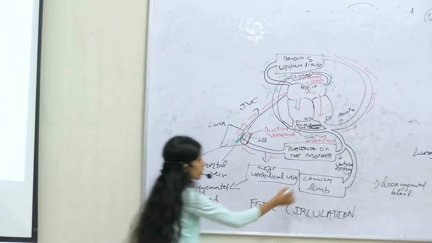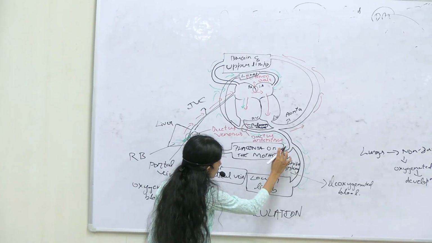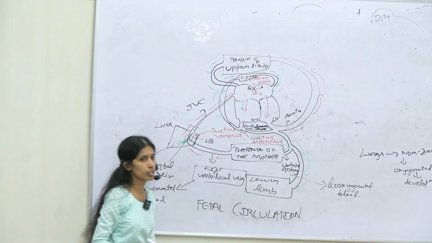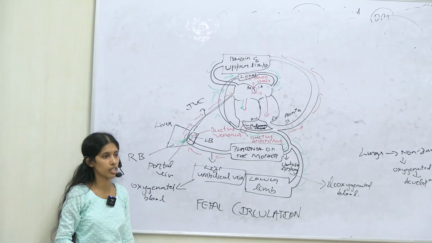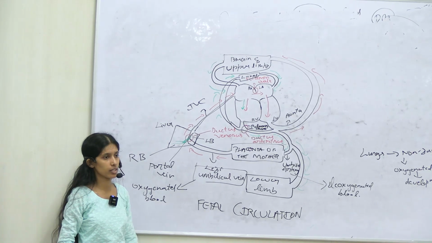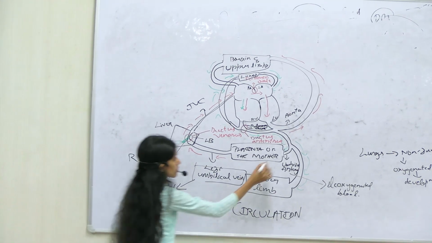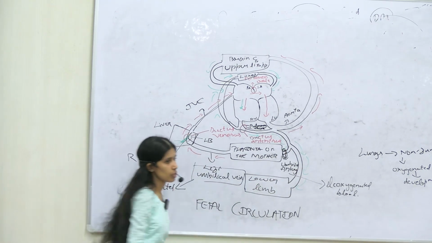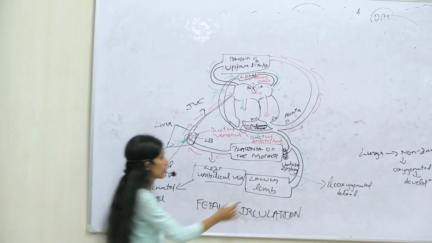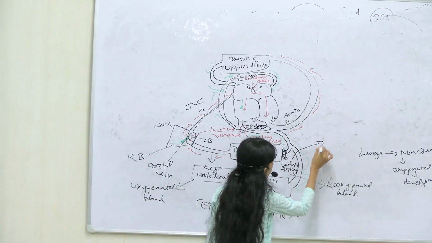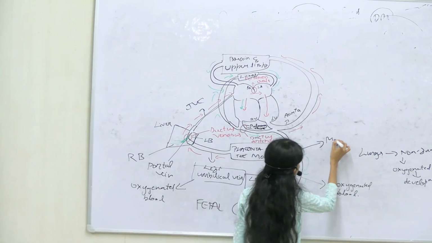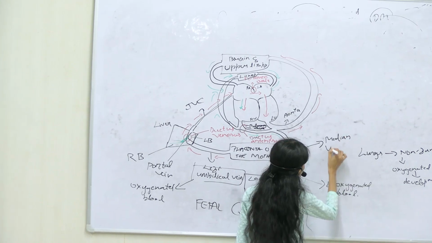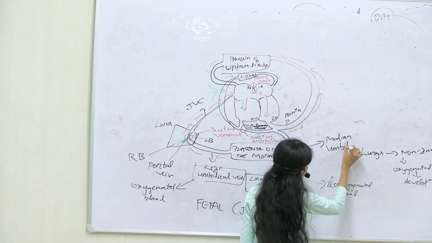For those changes, the first thing, your umbilical artery should stop bringing the deoxygenated blood into the placenta of the mother. This should be closed. So, now after the birth, your umbilical artery is going to turn into the median umbilical ligament.